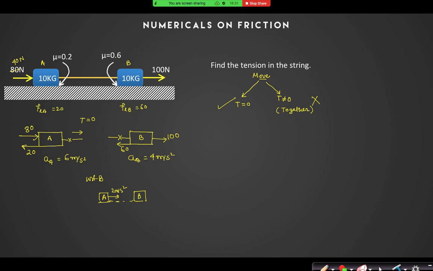The tension 0 again. Check once. So again 0, because it will come in the opposite side, when block B will come towards A. So tension will be 0 because the blocks have the same acceleration.